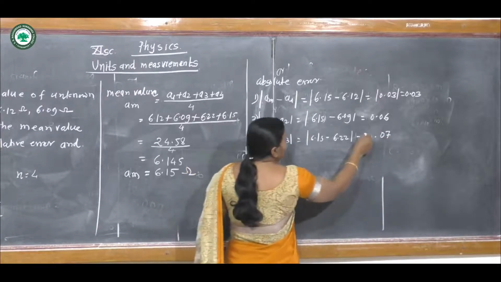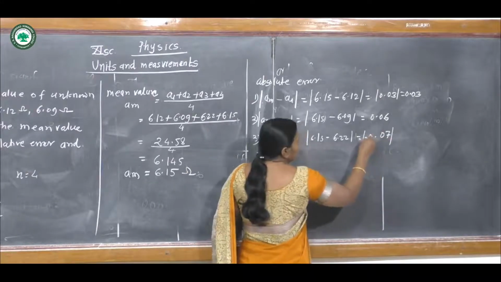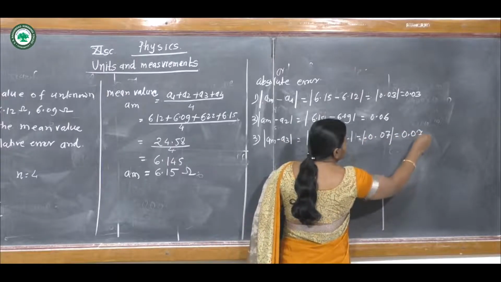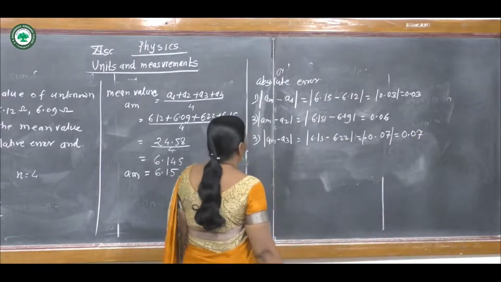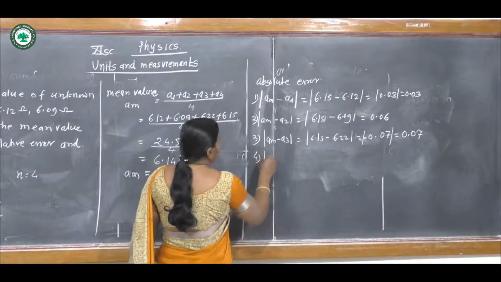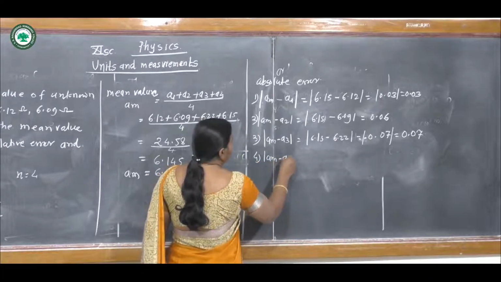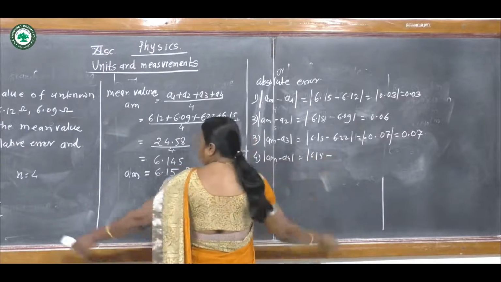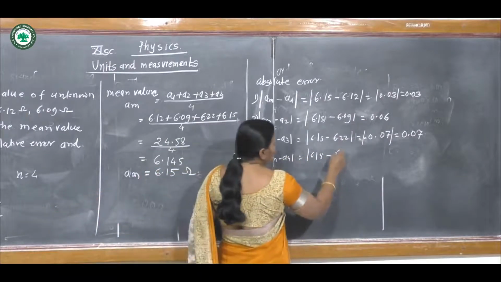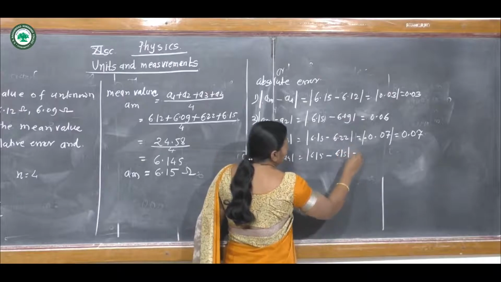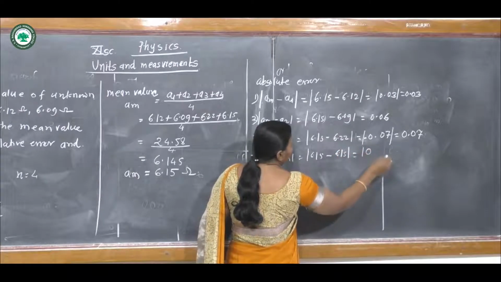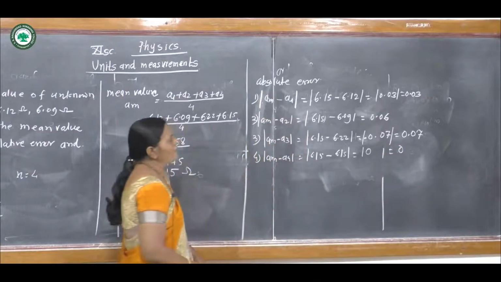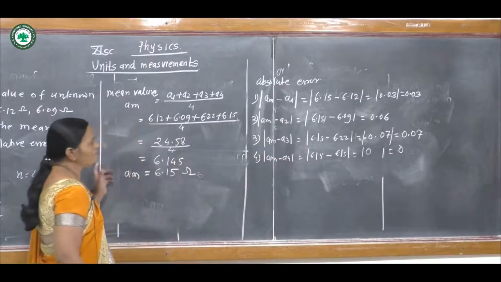Then it is the modulus, so we get the positive value, 0.07. Now the fourth reading, that is AM minus A4, 6.15 minus 6.15. We get 0 here. Now these are the absolute errors in each reading.